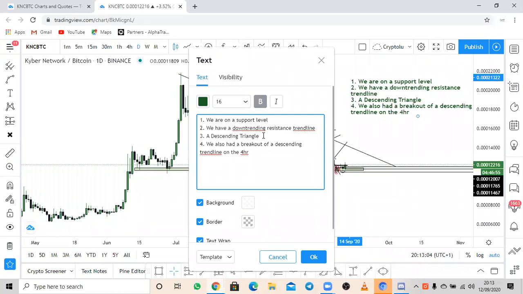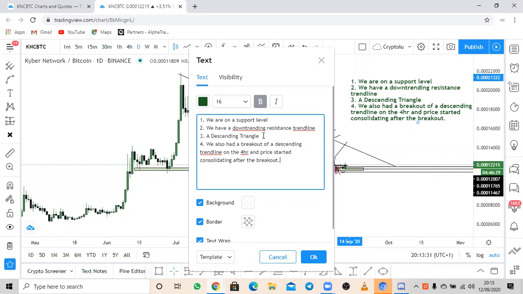We also had a breakout of a descending trend line on the 4-hour, and price started consolidating after the breakout.